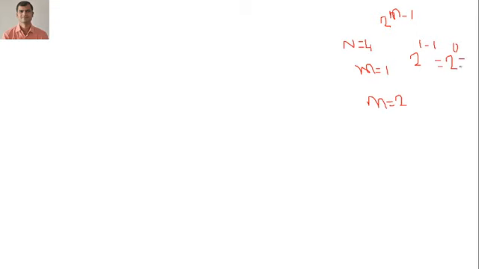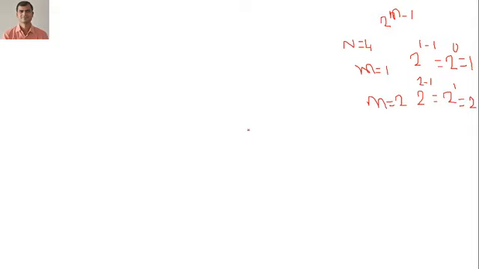So the input and output are separated by 1. For m equal to 2, 2 raised to 2 minus 1, so 2 raised to 1, which equals 2. The input and output are separated by 2.